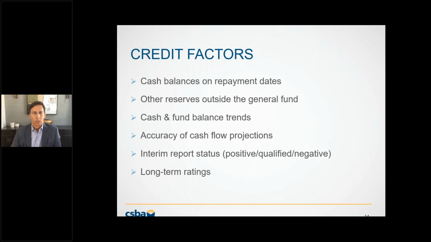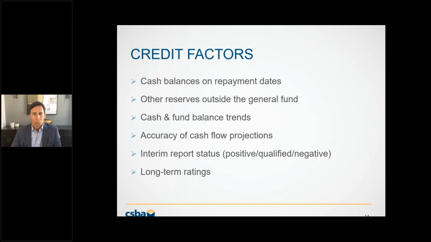Are you deficit spending over a period of time? Those are some things that districts can manage from both the cash perspective and the budget perspective. We're going to be faced with challenges not only with cash, but potentially, if this economic downturn extends, we're likely to see some budget cuts from the state in future years.